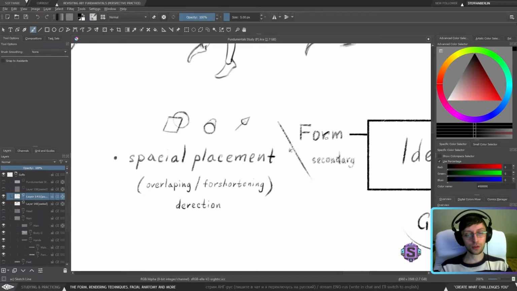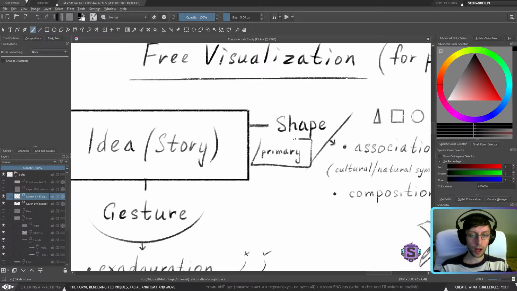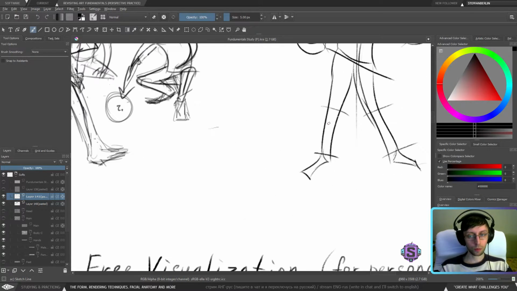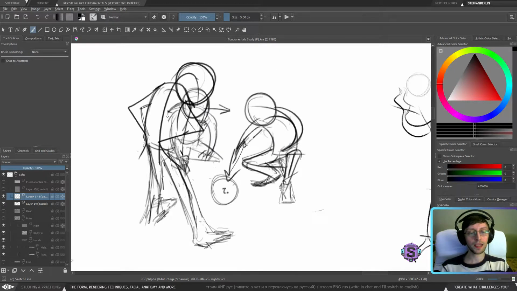we need to find a way to create an illusion of the form. But again, since this is a secondary thing, we don't want to make this form overpower our primary shape. What I mean by overpowering, for instance, right here, we don't have any depiction of the space using a form.